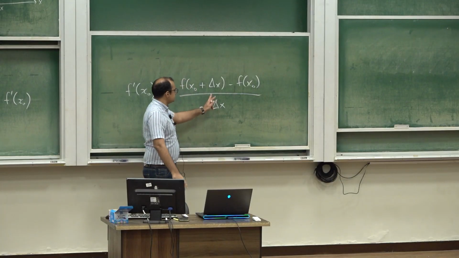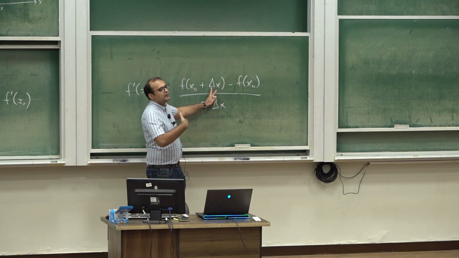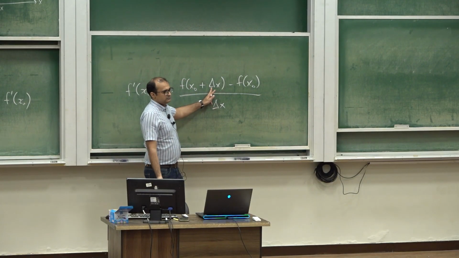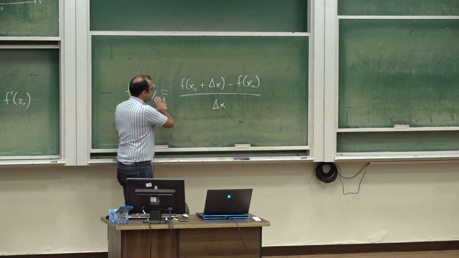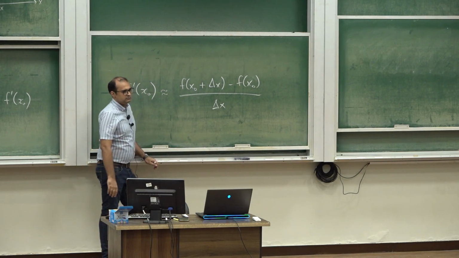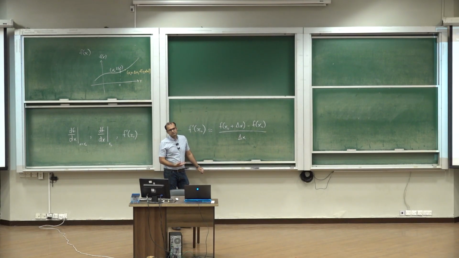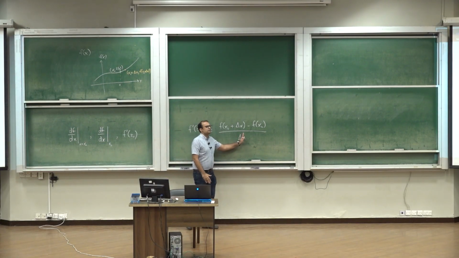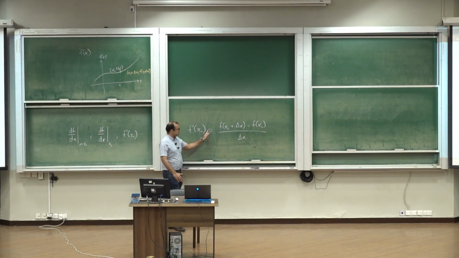Over here, delta x is small, but it's certainly not going to be infinitesimally small. But for small enough delta x, this is approximately true. As you saw in the program, for delta x is equal to 0.001, we were getting that the value of the derivative was not exactly equal to 2, but this thing was 2.0001. So it's approximately true. That's why I'm writing these two squiggly lines.